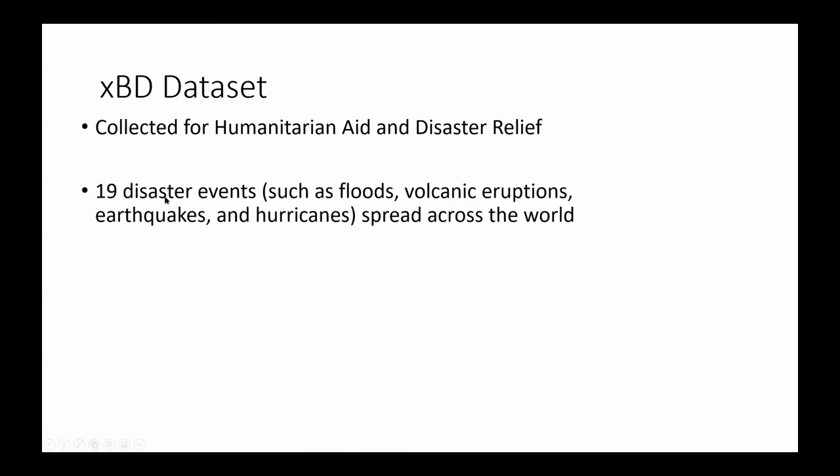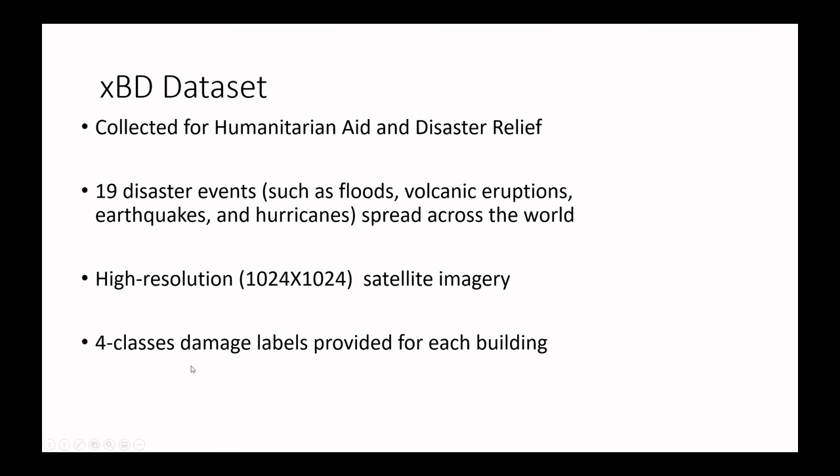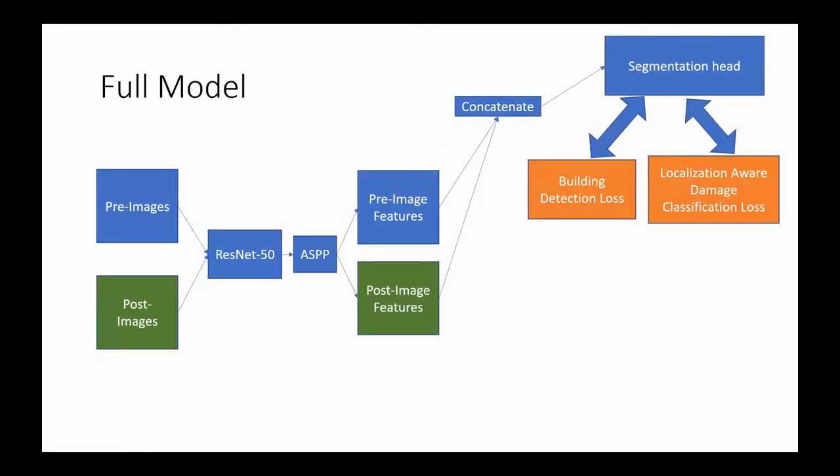So there are these 19 disaster events like floods, volcanic eruptions, earthquakes, hurricanes, and they have collected these satellite images, and there are 4 damage label classes for each building. So we had a method to do that automatically.